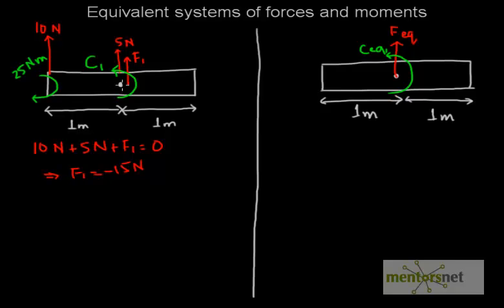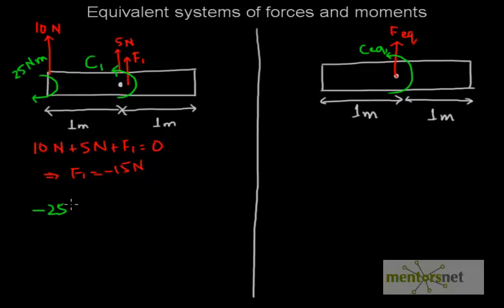Secondly, now that we have all the forces equal to 0, we just have to find the sum of all moments and the sum of all couples about any convenient point. I will choose this point, since then I will not have to calculate the couples of these two forces. So let's calculate the sum of all couples. This couple is minus 25 Newton meter.